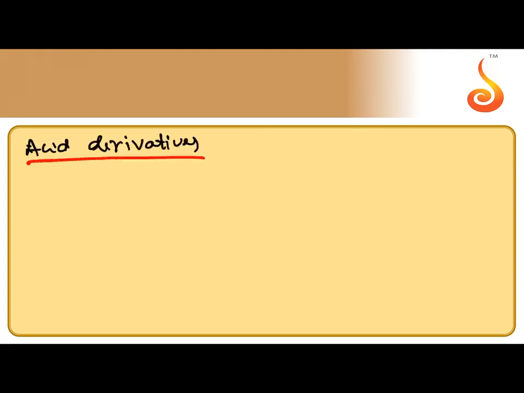Next, acid derivatives. The compounds which are derived from carboxylic acid, COOH. This is carboxylic acid. From this carboxylic acid, we can get 4 types of derivatives. Suppose in place of OH, you remove OH.